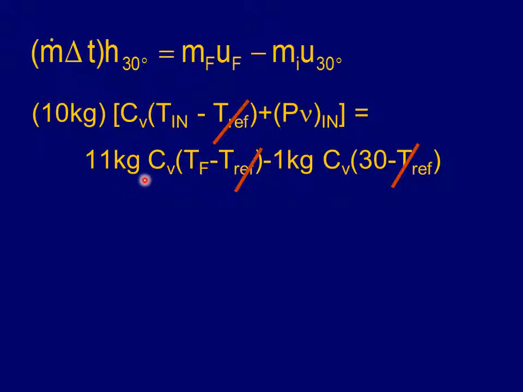So that would be m final, which is 11 kilograms, because it's obvious if you added 10 kilograms to the tank and you started at 1 kilogram, you'd have 11 kilograms at the end.